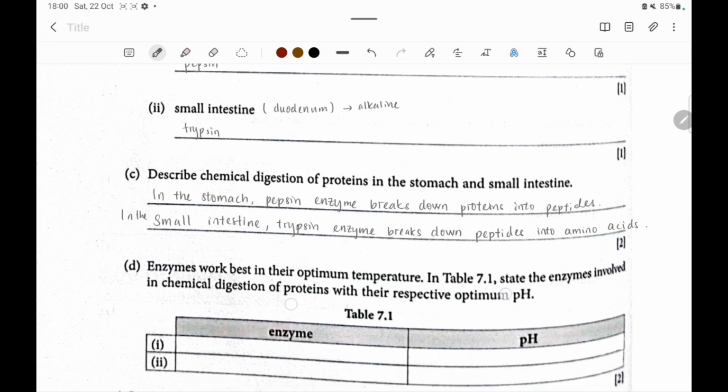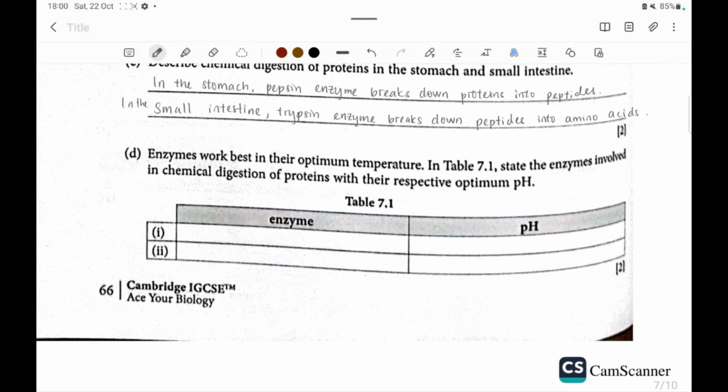Okay, next. Enzymes work best in their optimum temperature. Okay, optimum means that the best temperature. In table 7.1 states the enzyme involved in chemical digestions of protein with their respective optimum pH.